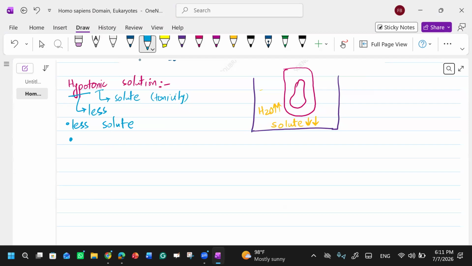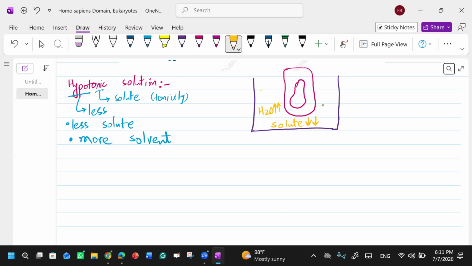If one thing is in smaller quantity, obviously the other will be in more quantity. You cannot take equal quantities of both. So if any solution has less solute, there will be more solvent in it. In actual, this solution has more water.